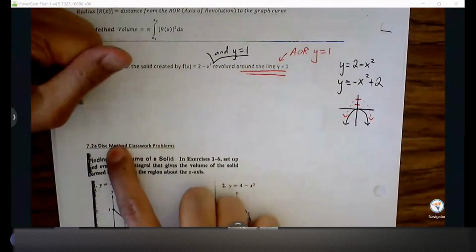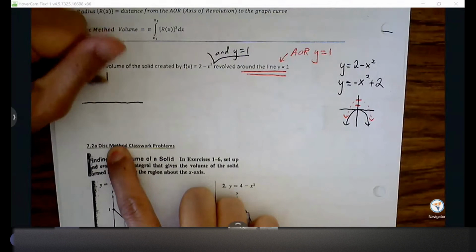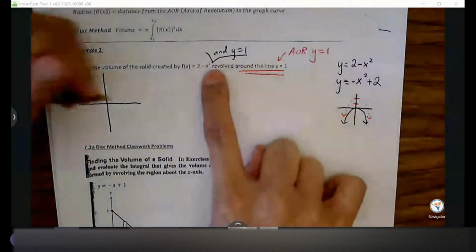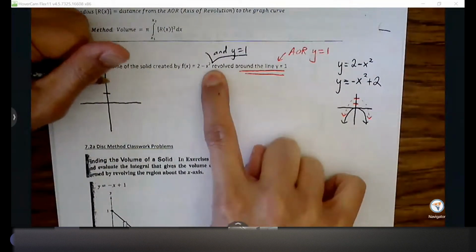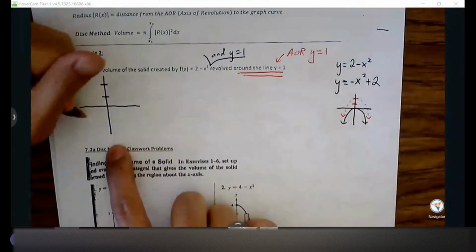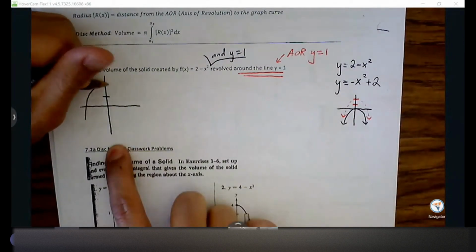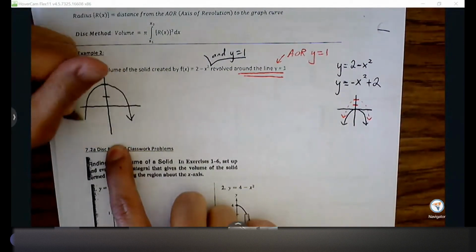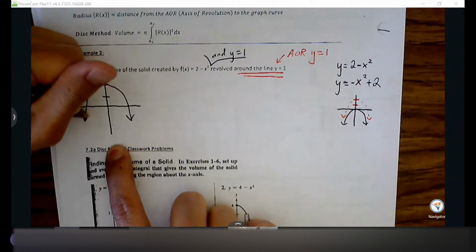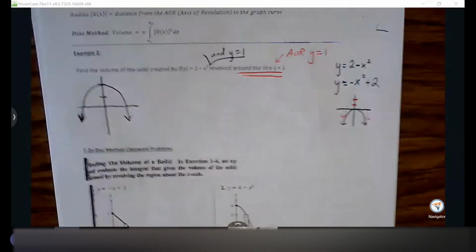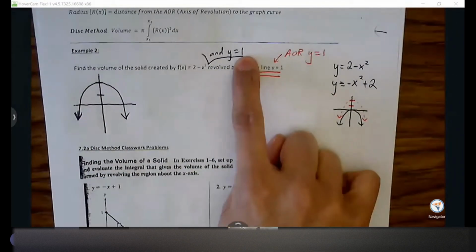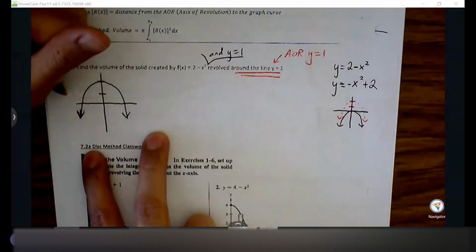So here's my graph. Negative x squared plus 2. Move it up 2 units. We also have the line y equals 1, so that's going to be a horizontal line.